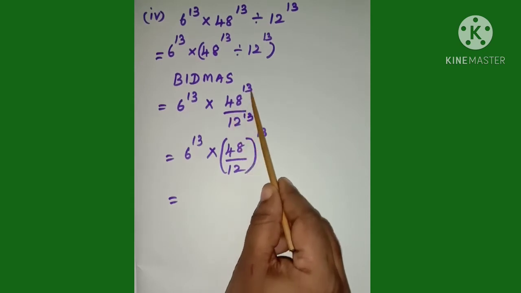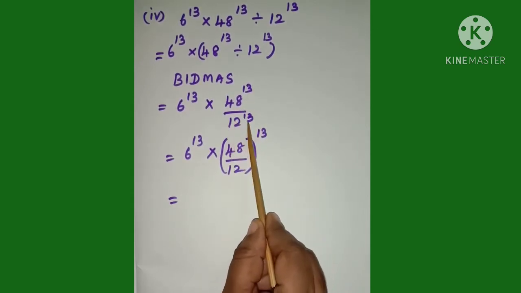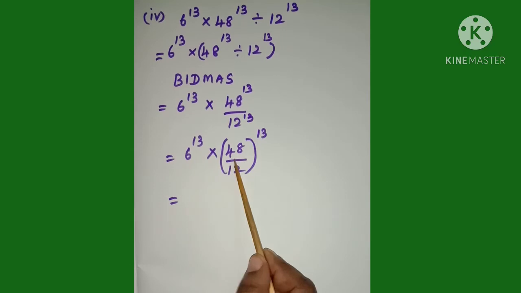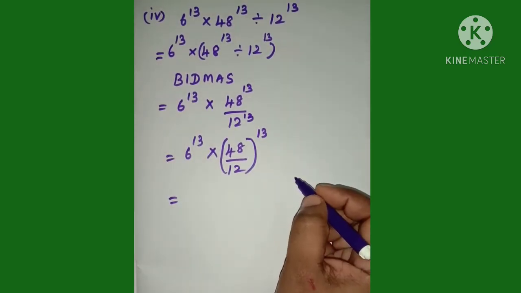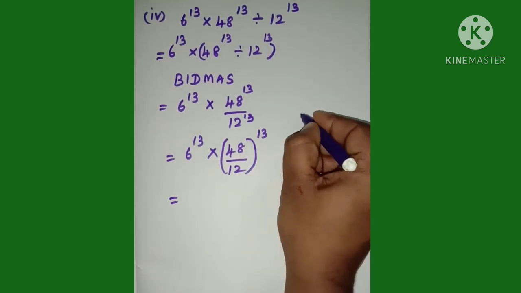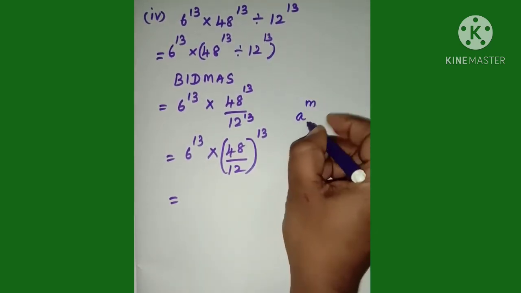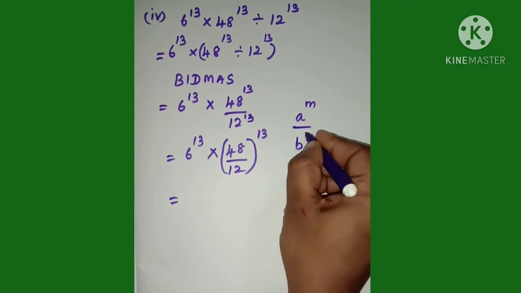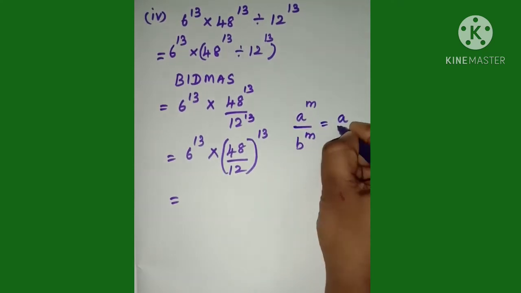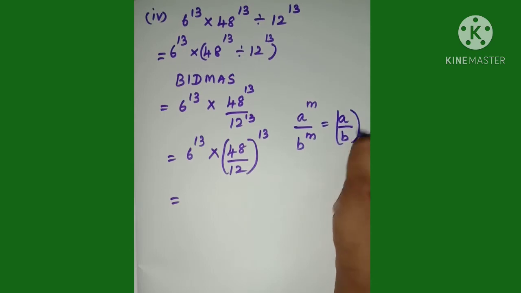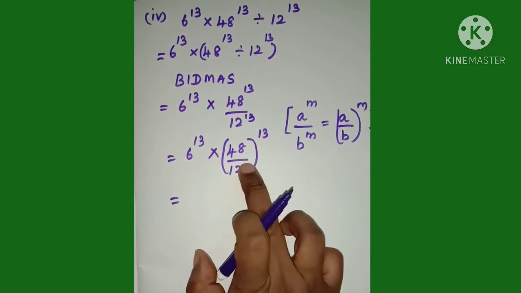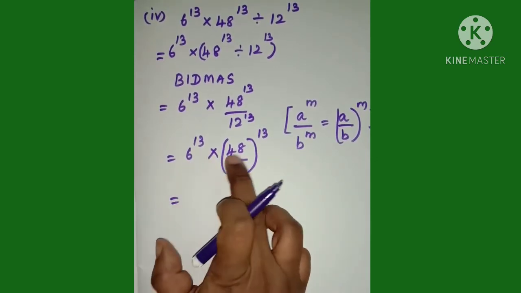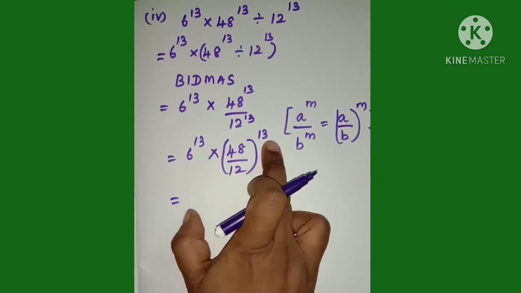In the next step, we use the power of a fraction rule, that is a to the power m divided by b to the power m is equal to a by b, the whole power m. So we get 6 to the power 13 into 48 by 12 to the power 13.